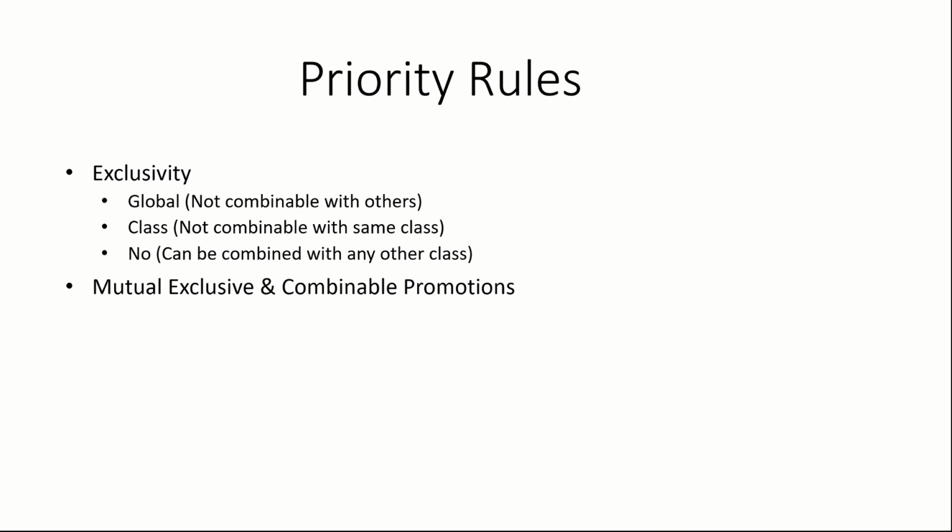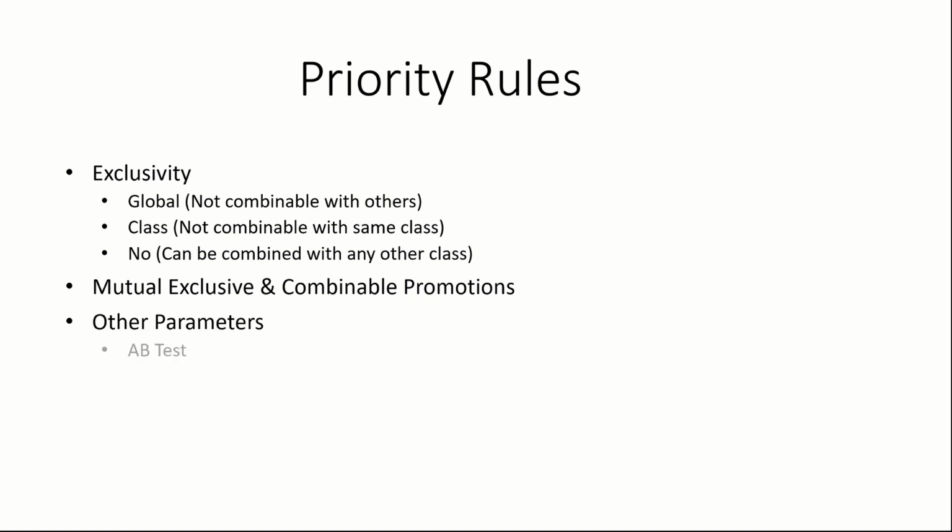So for instance, if we go with the same example again, where we have a product level promotion applied to the cart with exclusivity as global, that means we will not be able to apply any other product, order, or shipping level promotion. But with the help of combinable promotion, we can specify, okay, this product level promotion can be combined with this order level promotion. So in that case, you can override whatever exclusivity we have defined at the promotion level.